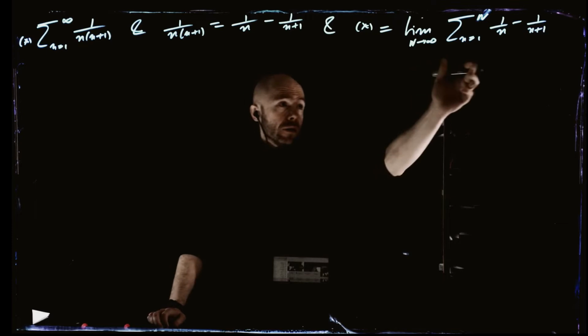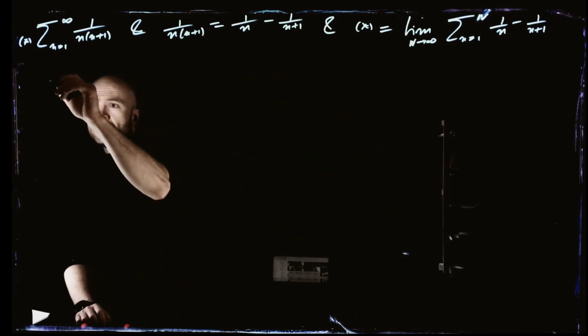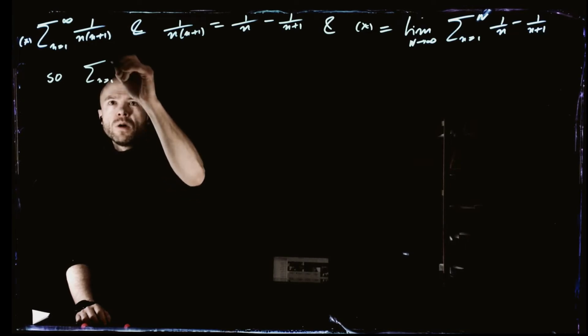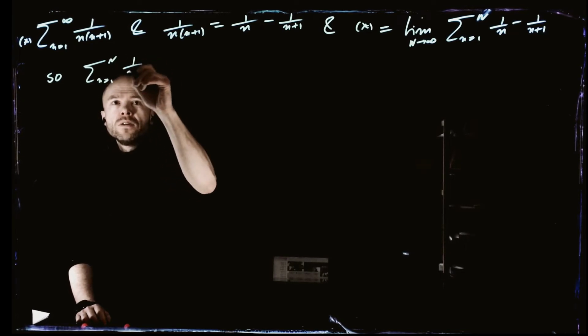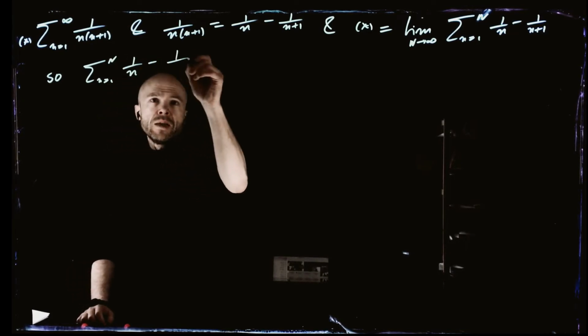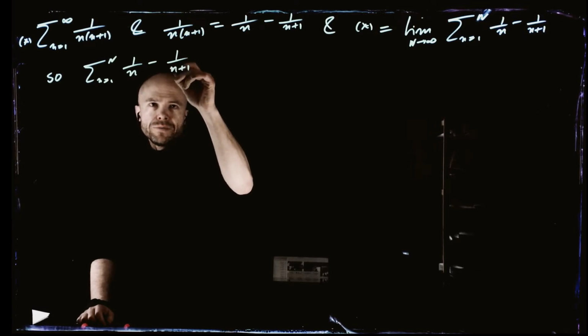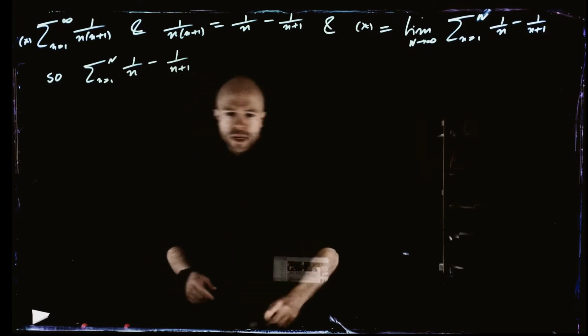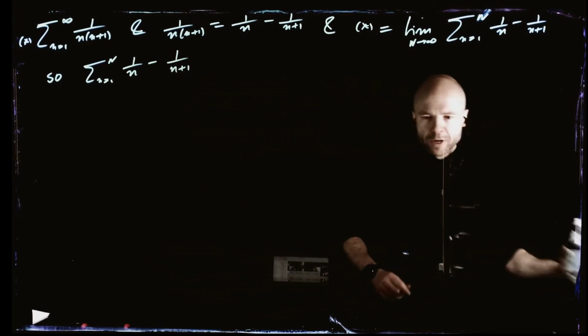Cool. So if we look at this thing, the sum from n equals 1 to capital N, 1 over n minus 1 over n plus 1, what cool thing can you see happening here that allows us to get somewhere with understanding what this expression is?